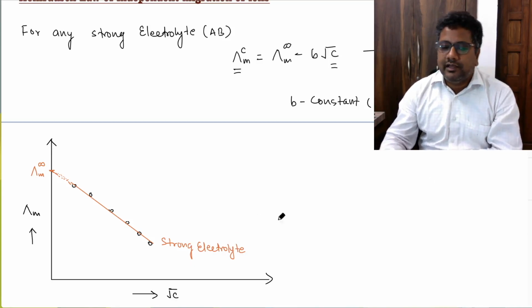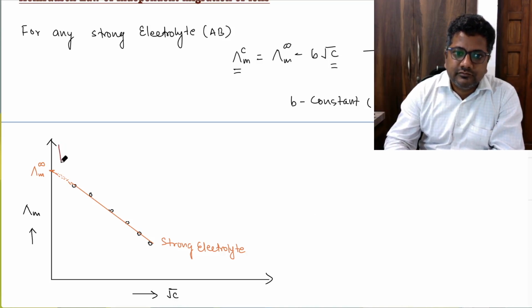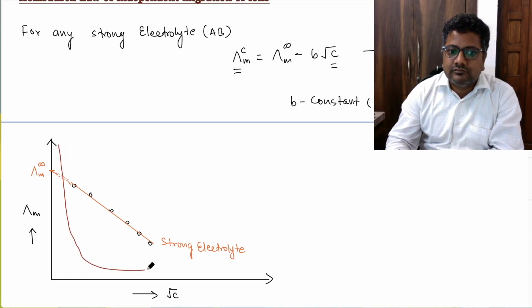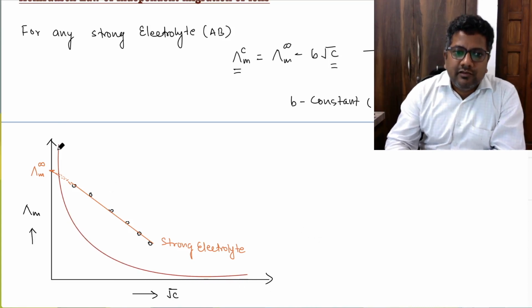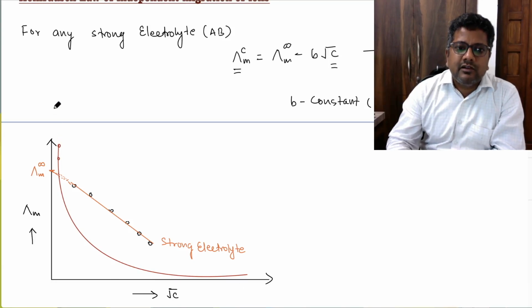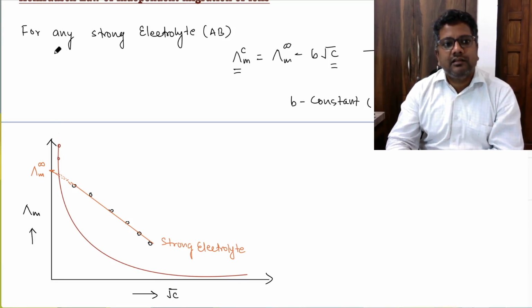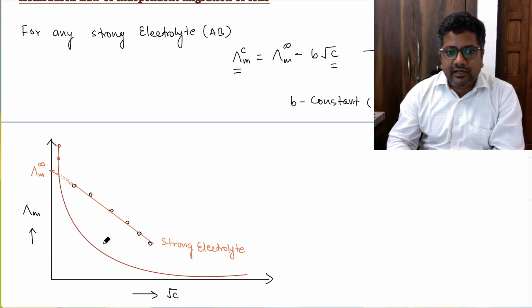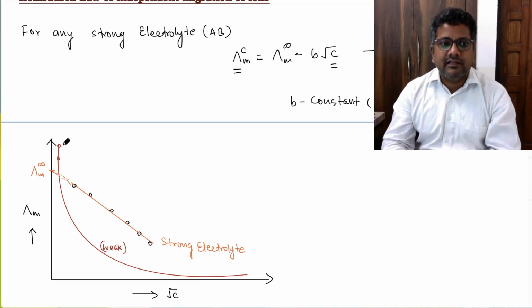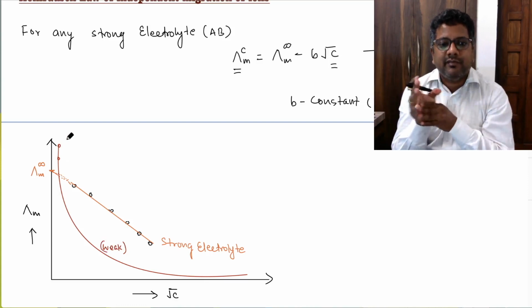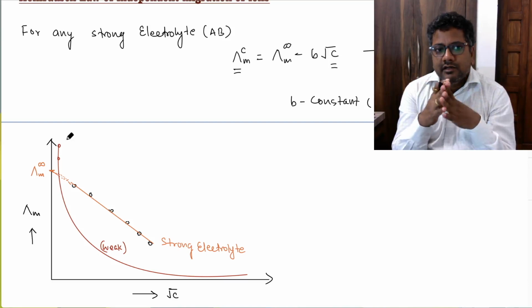But for a weak electrolyte, we get this type of variation, so it will not cut this axis at any point. This is for a weak electrolyte, right? So we cannot determine lambda m infinite experimentally for weak electrolytes.